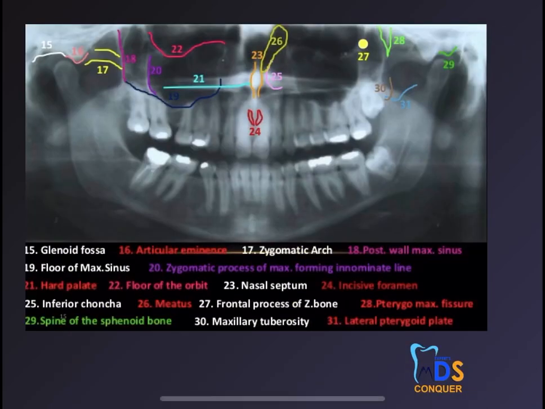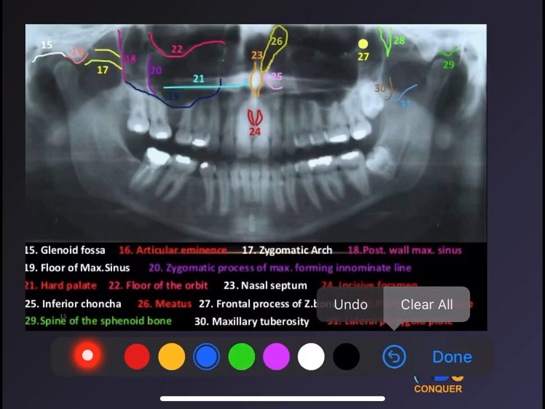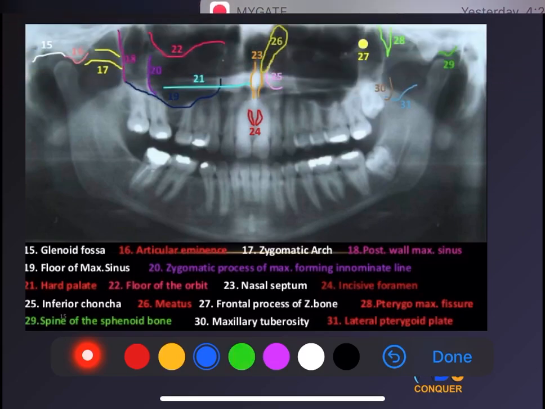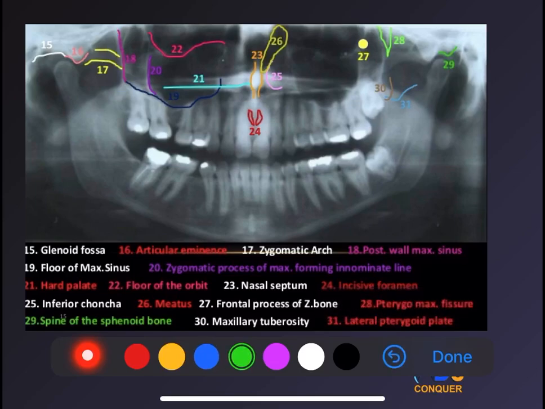We'll continue further. So now if you see, there is a glenoid fossa and an articular eminence. Okay, 17 is the zygomatic arch. That appears again as a light radiopaque structure. Now comes the sinuses. 18 is the posterior wall of the sinus.